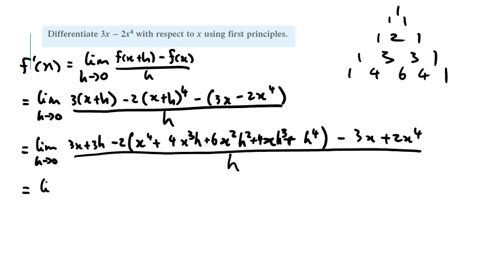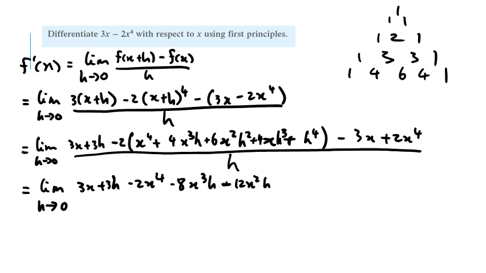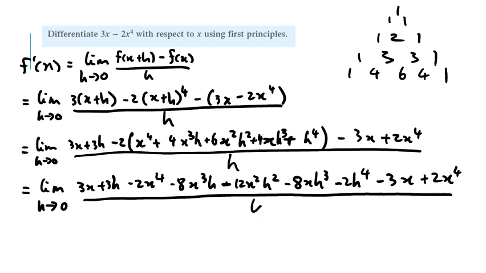So then we have 3x plus 3h minus 2x to the 4, minus 8x cubed h, minus 12x squared h squared, minus 8x h cubed, minus 2h to the 4, minus 3x plus 2x to the 4, all divided by h. You see why I'm telling you to break it down into 2 lines if you need to.